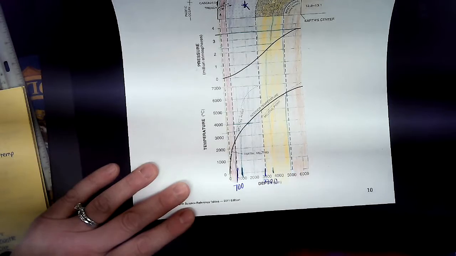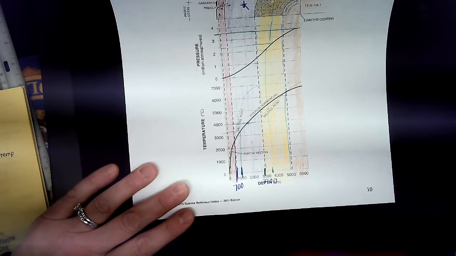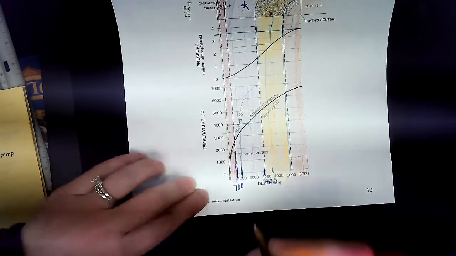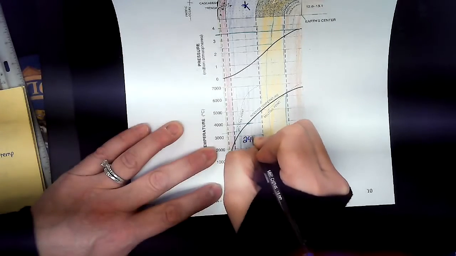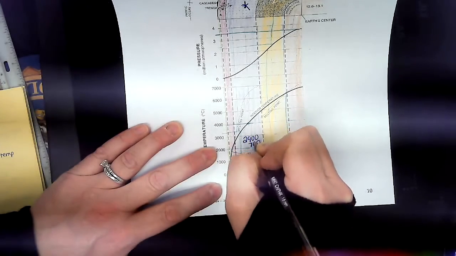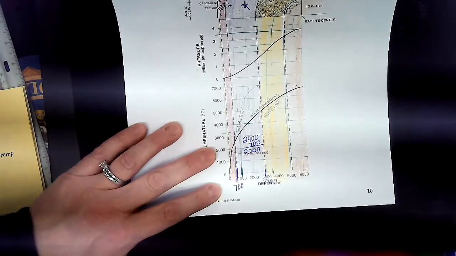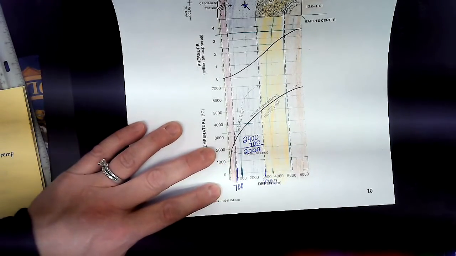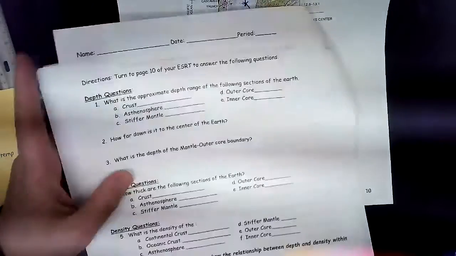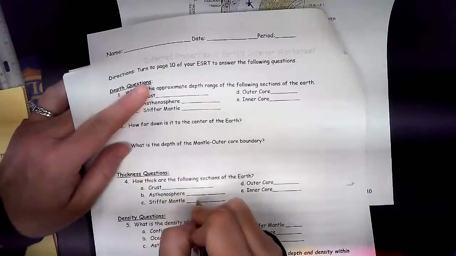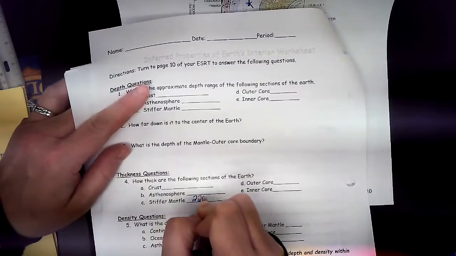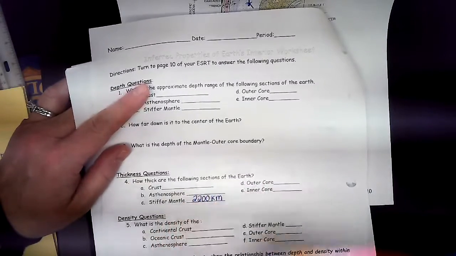So how will I figure out if I know where it starts and I know where it stops? How do I figure out how thick it is then? Just subtract. So we take that 2,900 minus the 700. 2,200 kilometers thick. So you're going to do that. I know I skipped, but I just did this one, 2,200 kilometers.